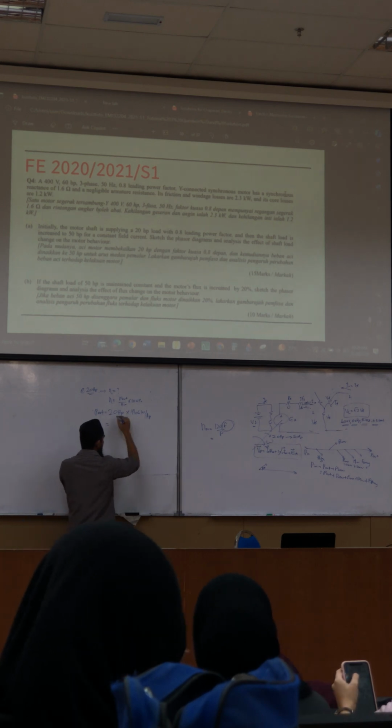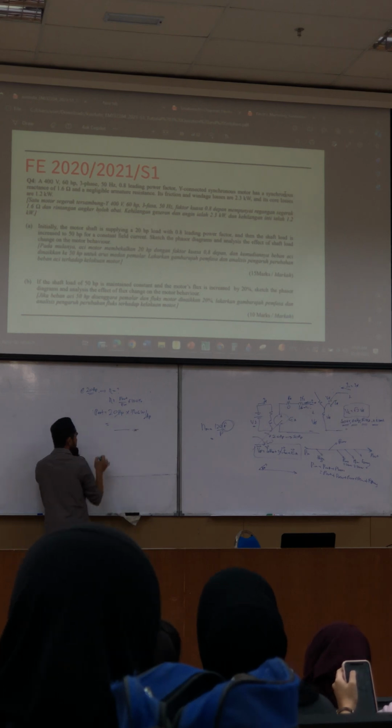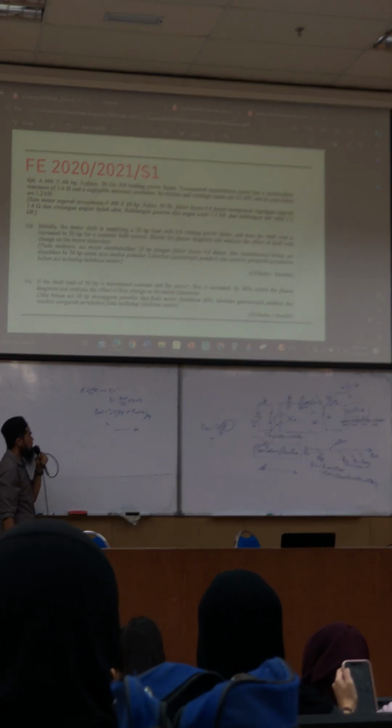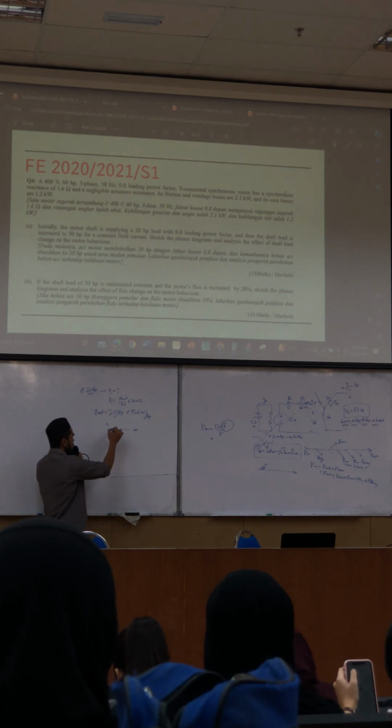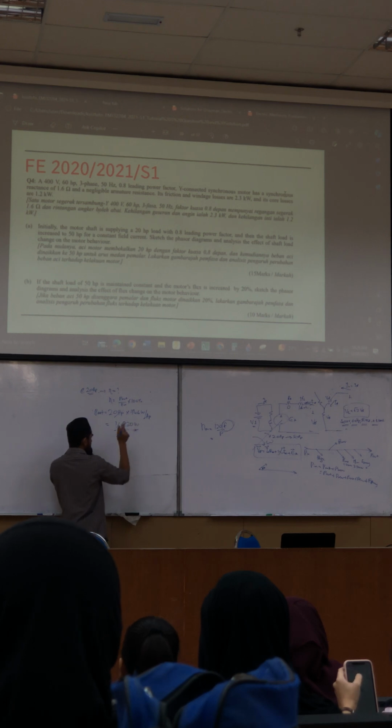Horsepower cancels with horsepower, it remains as watt. So how many watt at 20 horsepower? 14,920 watt, or 14.92 kilowatt.